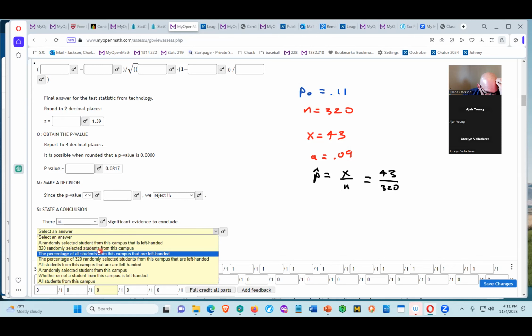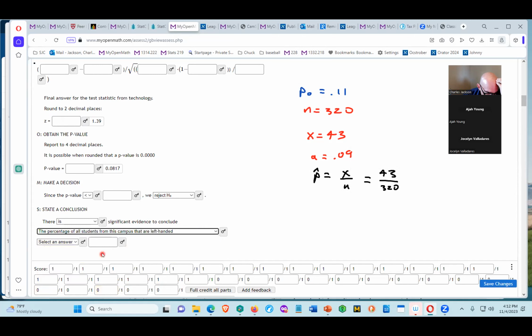Percentage of all students on this campus. To conclude that, I have to see the rest of it, I guess. Percentage of all students from this campus that are left-handed is differs from.